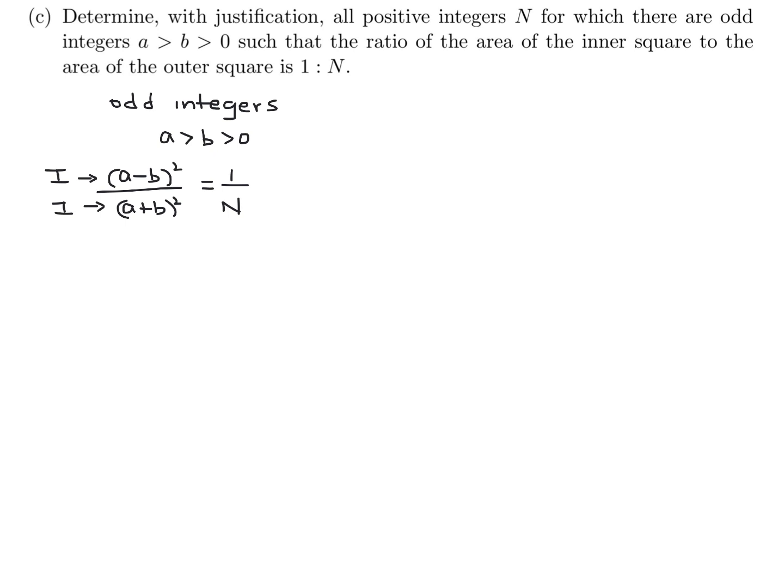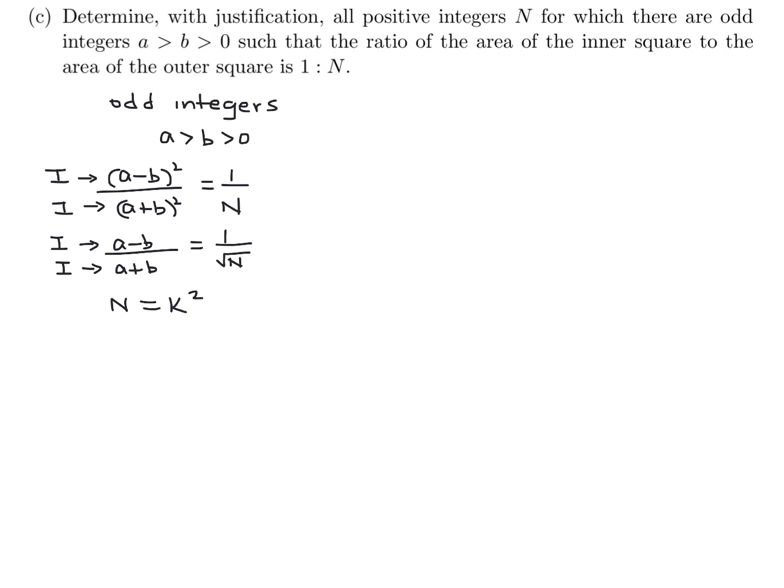So just as before, I'll take the square root, so we have a minus b over a plus b, and this would be 1 over root n. And again, since a and b are integers, this will be an integer, and this will be an integer. So this side has to have integers. It can't have any square roots. So the only way that's possible is if n is a perfect square. Just like before, we set n equal to k squared.